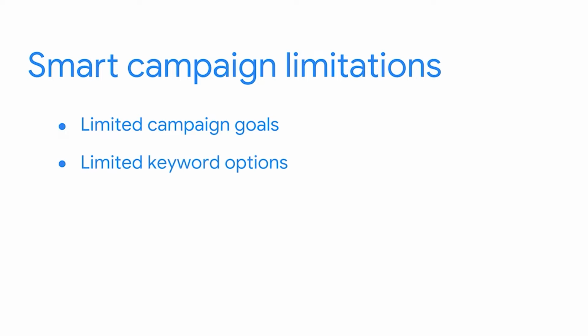That means people who click on your ad will be more likely to buy your product, reducing the gamble of having to pay when someone clicks on your ad but doesn't make a purchase. While smart campaigns are less complex than regular Google ad campaigns, there are some control limitations, including limited campaign goals, limited keyword options, and limited control of the budget.